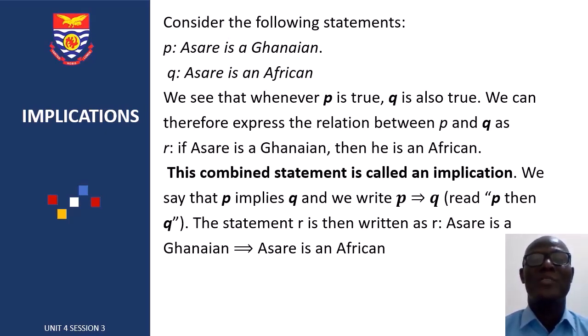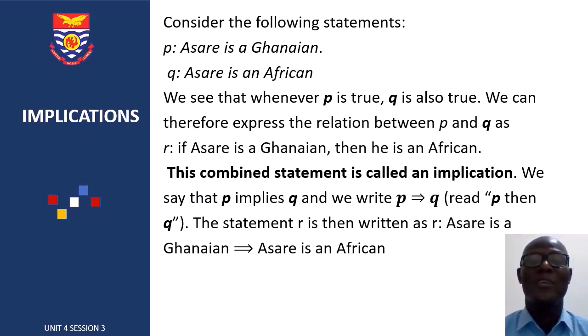From these two statements, we see that if P is true, meaning if Asari is Ghanaian, then Asari is an African because Ghana is in Africa. Whenever P is true, Q is also true.